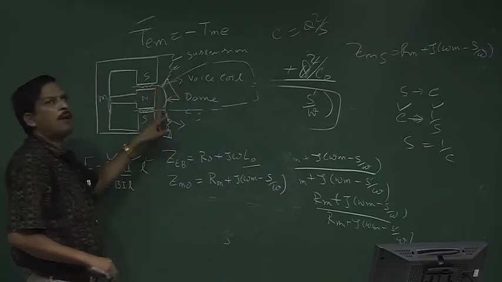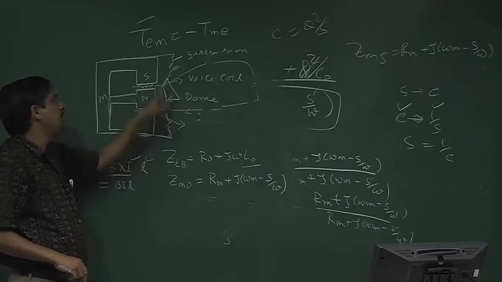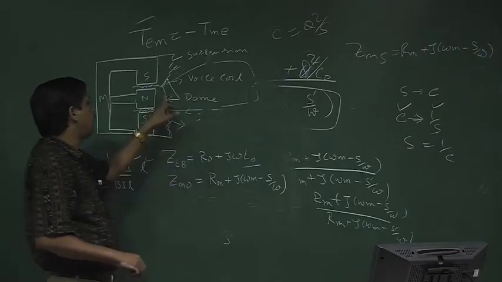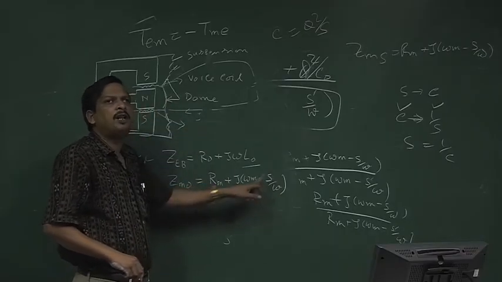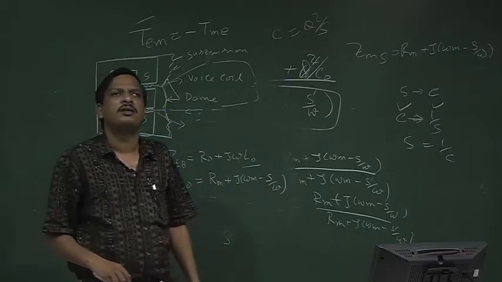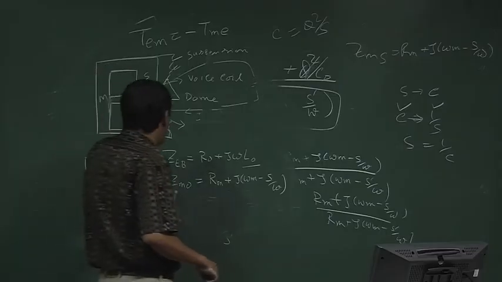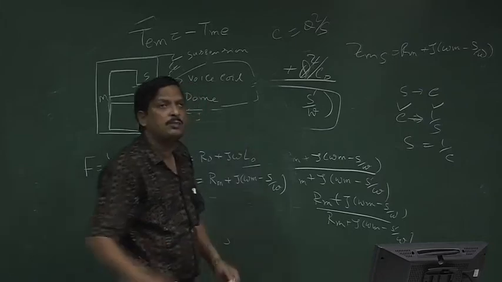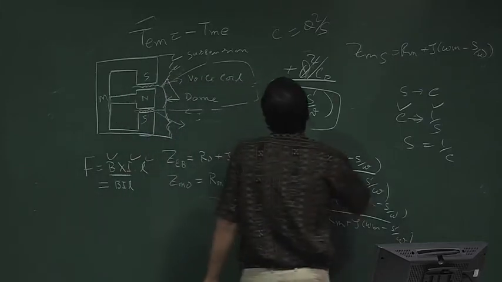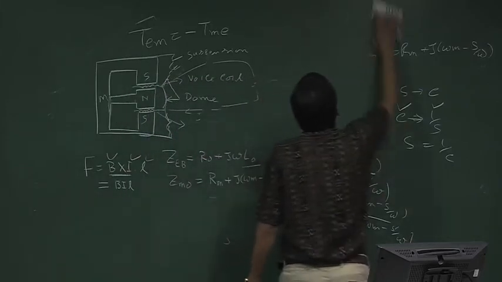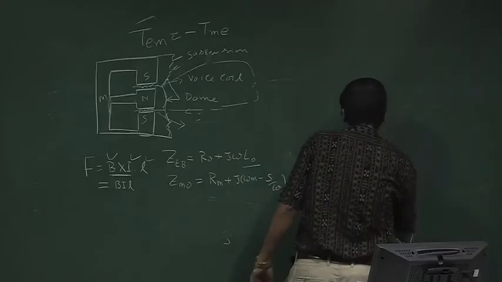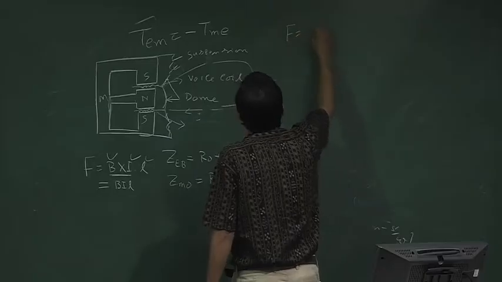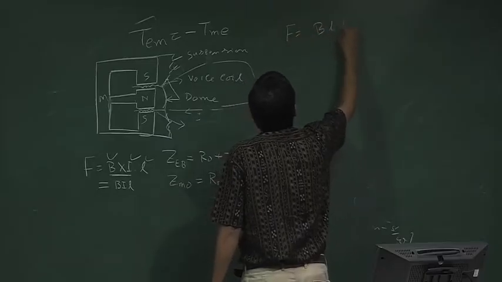The diaphragm is a spring mass system, suspended with a mechanical resistance Rm, mass of the diaphragm m and stiffness of the diaphragm S. So, these two things I got, the blocked electrical impedance and ZMO.